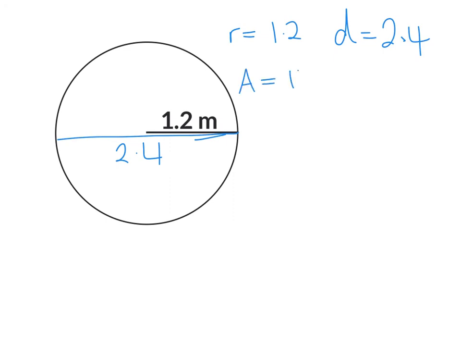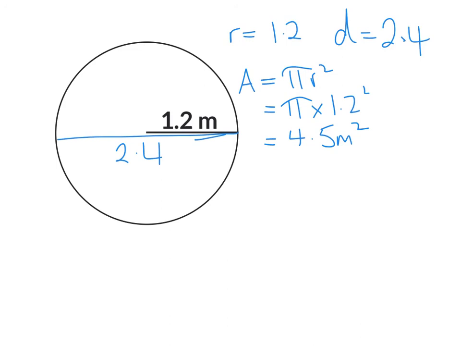Area equals pi r squared, which is pi times 1.2 squared, which gives me an answer of 4.5. It says 4.52, but I'm rounding it, 4.5 meters squared.